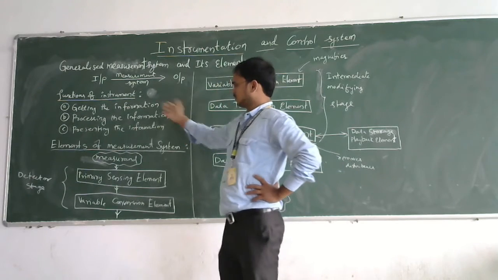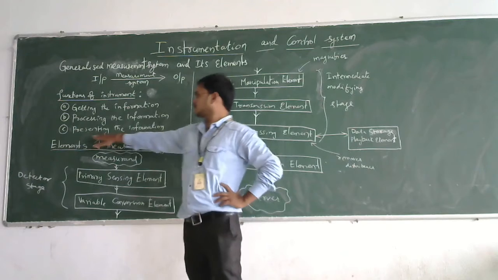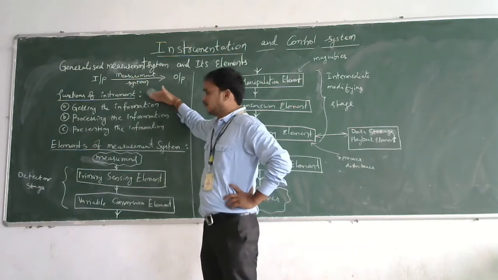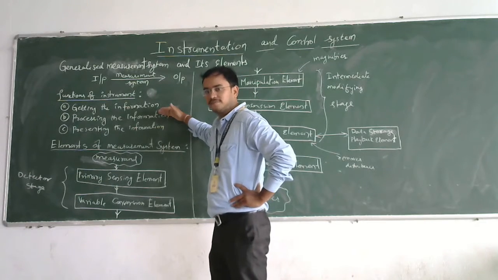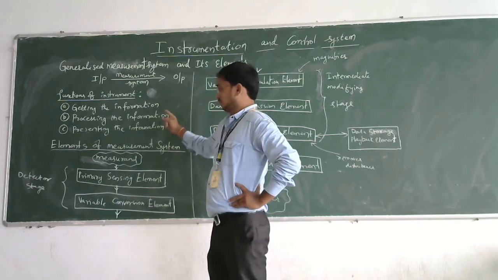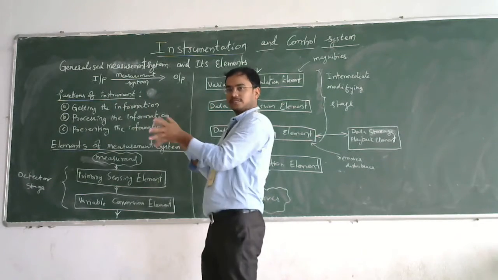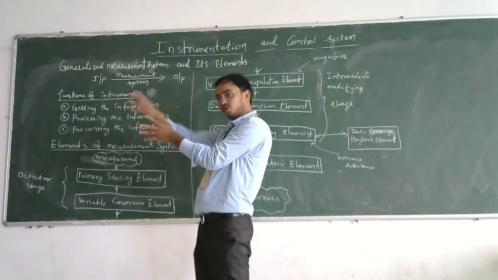Next, after complete processing, what does the instrument have to do? It has to present the information. Whatever information it gathered, it has to process in relation with the input signal. It cannot process like it is doing some other process and producing some other output.